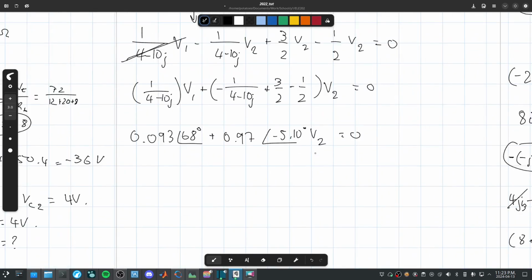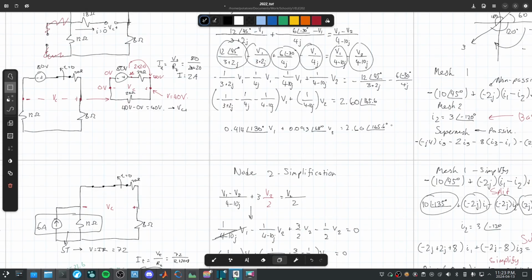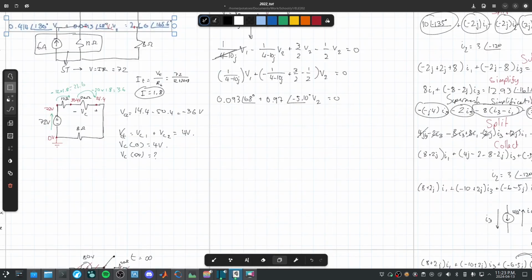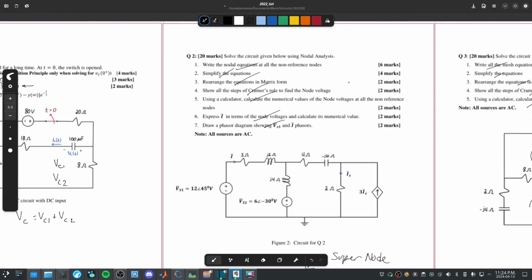Now we have our nodes simplified. Let's pull this down here and pull this down here. And now we're going to turn it into matrix form. So first of all, let's just scratch out what we've already done. So we've simplified the equations. And now we'll rearrange the equations in matrix form.